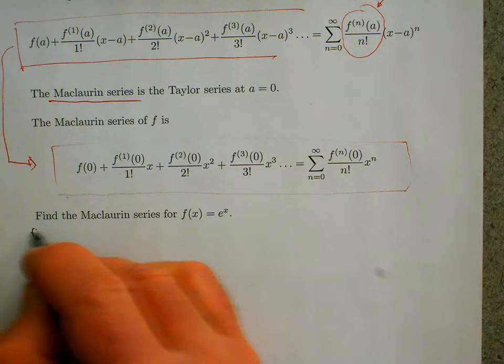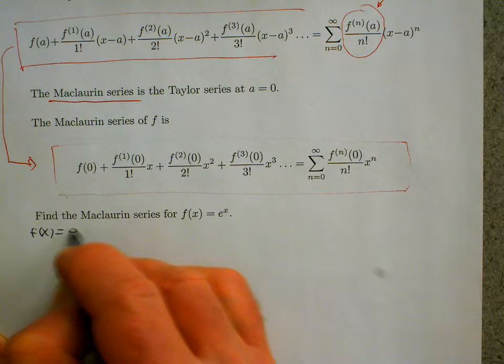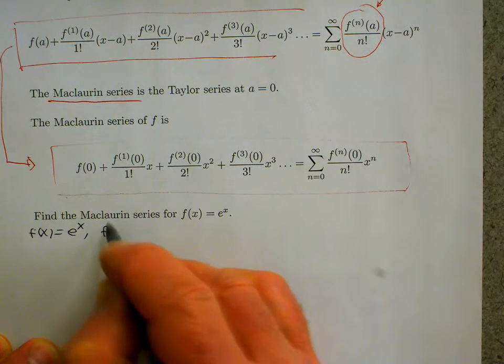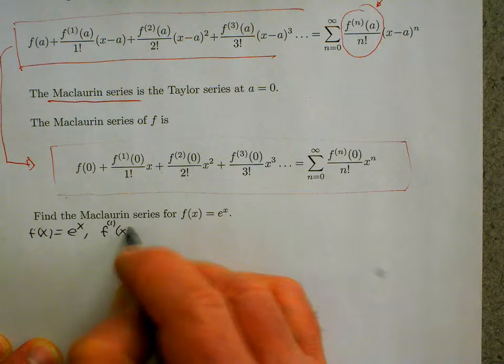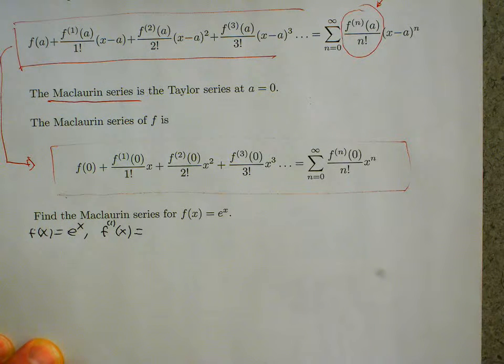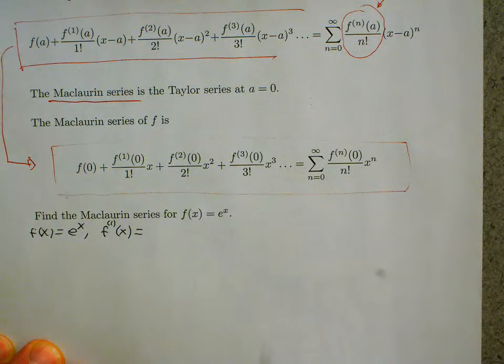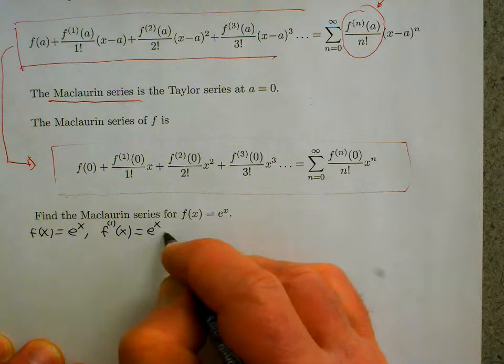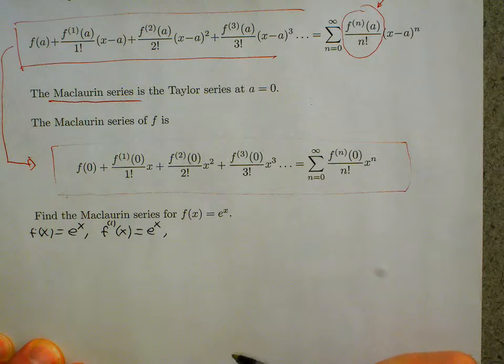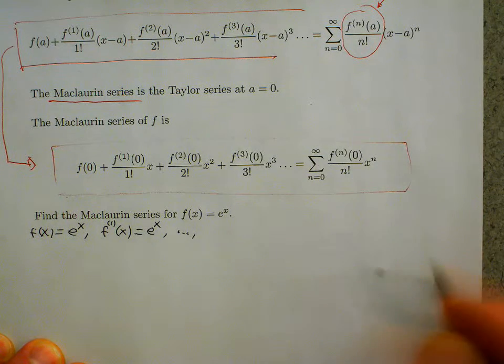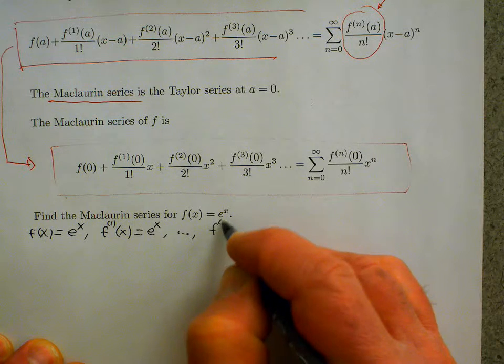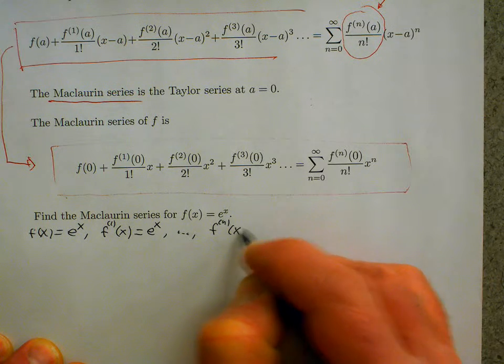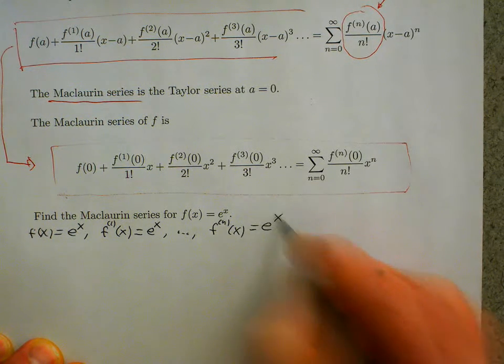So f of x is e to the x. What's the first derivative of f equal to? e to the x. The second derivative is e to the x. And so on, the nth derivative of e to the x is e to the x.